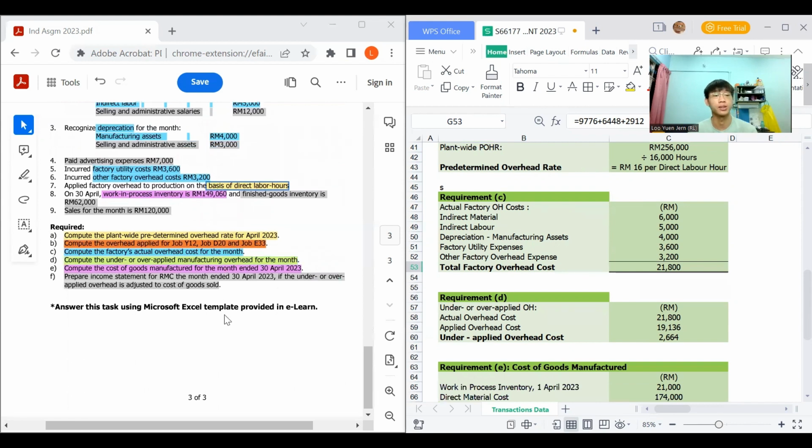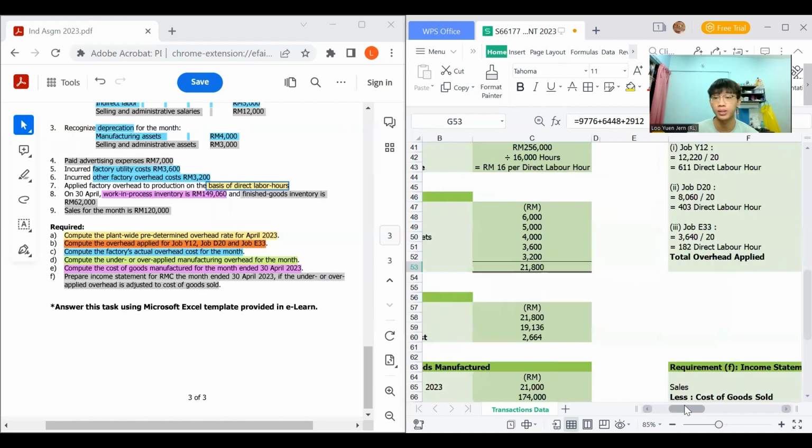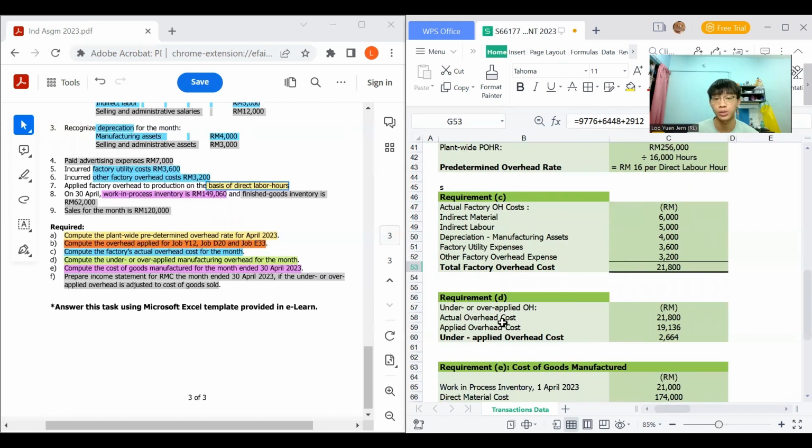Next is question D: compute the under or over applied manufacturing overhead for the month. We can find the applied overhead cost from answer B and the actual overhead cost from answer C. To calculate the under applied overhead cost, we use the actual overhead cost minus the applied overhead cost.